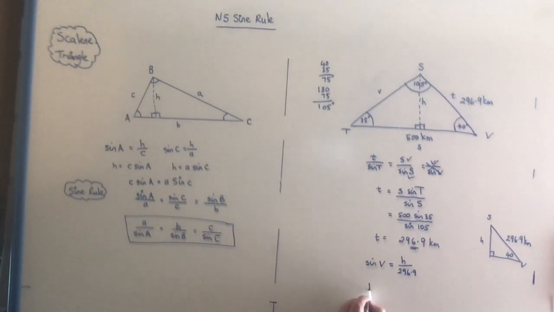So h then is equal to 296.9 sine, well, big V, the angle there is 40 degrees. And if we bump that into our calculator, that will be the height of the satellite. So let's work that out, 296.9 times sine of 40.